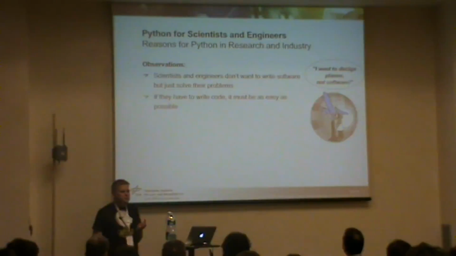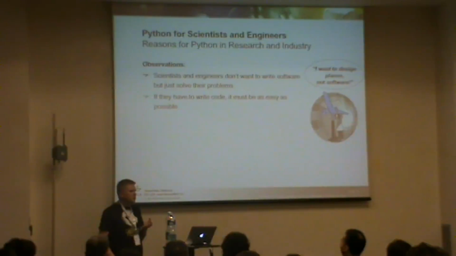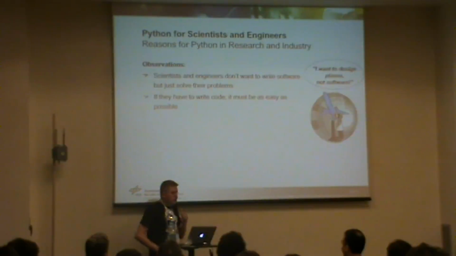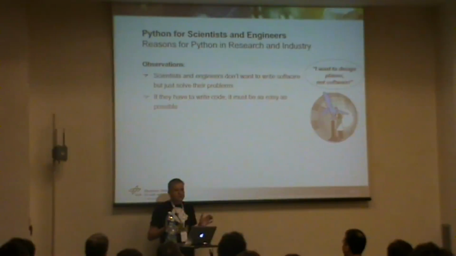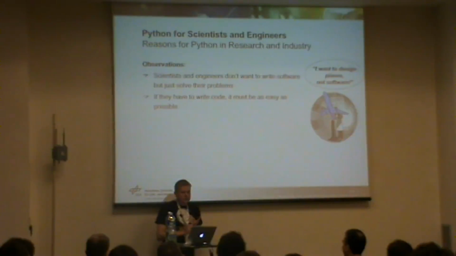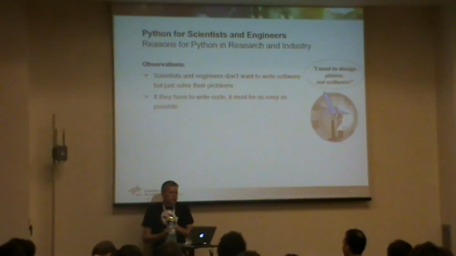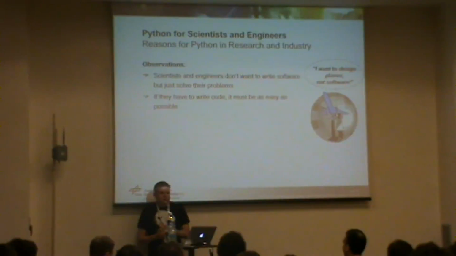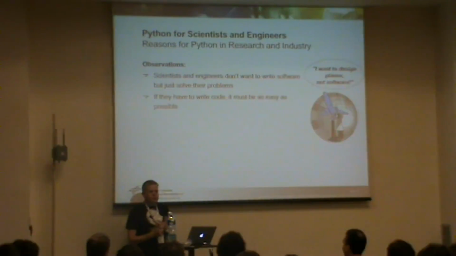I guess we are one of the largest employers for Python developers in Germany at least, and it's spread out into almost all institutes now. This is because, as I said, scientists and engineers don't really want to program, and if they must do programming, then it must be as easy as possible. And I guess you all know this is really, really easy with Python.